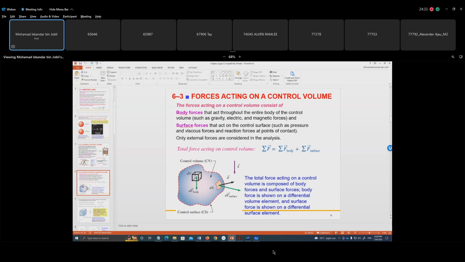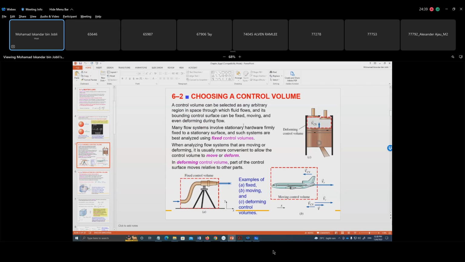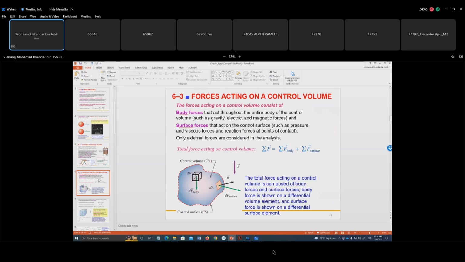When we talk about forces acting on a control volume, this is the chosen control volume. In order to study the forces acting on it, you need to know that there are two forces.